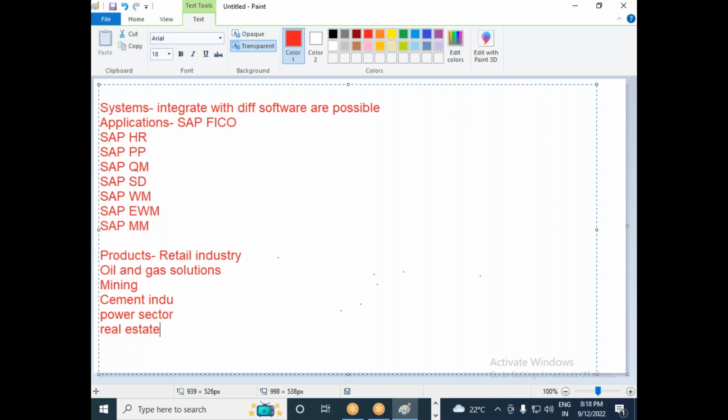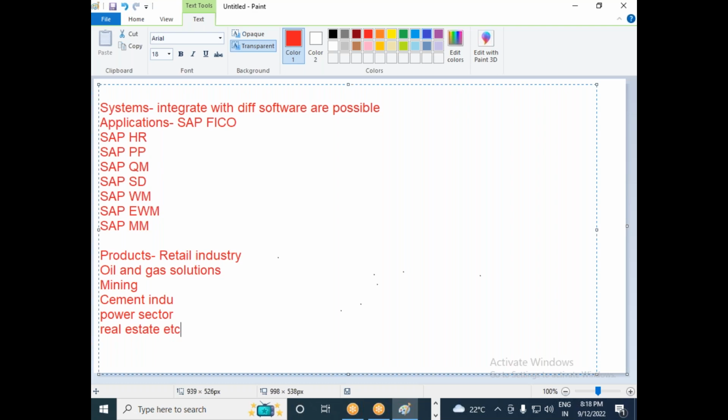If you take other software, you do not have solutions available for various industries, but in SAP you will find solutions available for most of the industry sectors. That is why SAP is very popular in the present world.